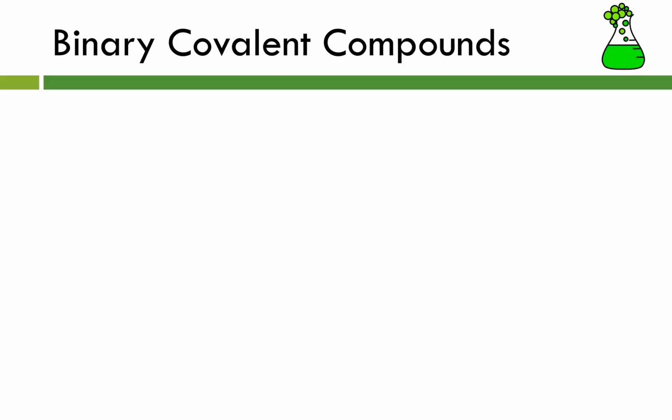You took biology last year. You probably remember glucose, C6H12O6. That molecule belongs to a different naming system, or a different set of rules is used to name it. We'll be talking more about those rules when we get into organic chemistry much later in the school year. But for now, we're always going to be looking at compounds that only have two elements if they are covalent.